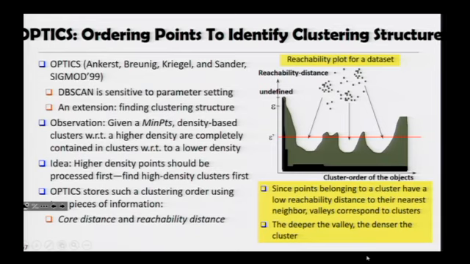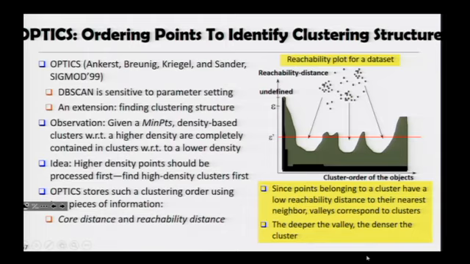The observation they have on hand is, if the user gives me a minimum points here, then some higher density clusters will be completely contained in a cluster of lower density.